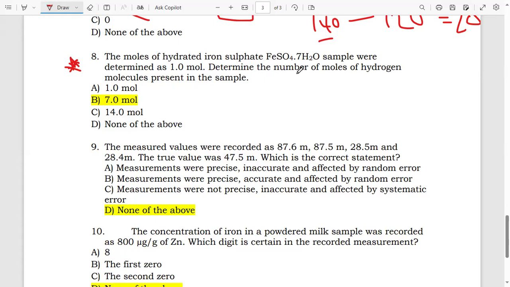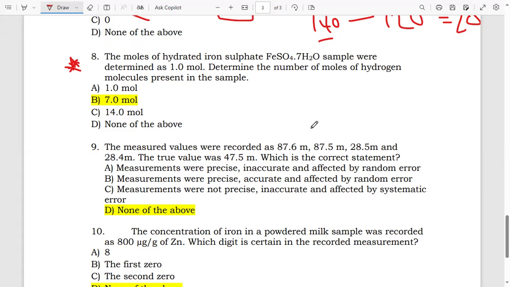I've noticed that students usually get confused by the terms molecules and atoms. If they say molecules, they mean in groups of 2. So if I have 2 of a certain element, I'll count that as 1 molecule.